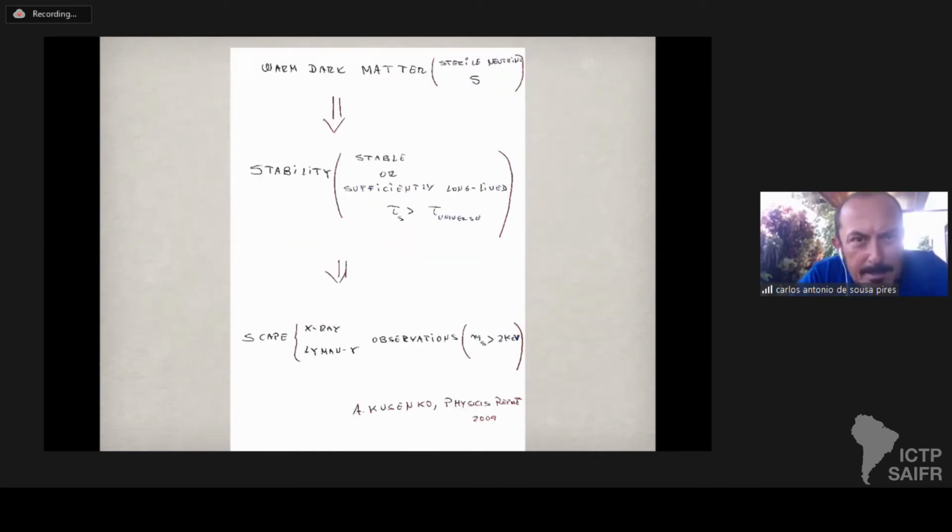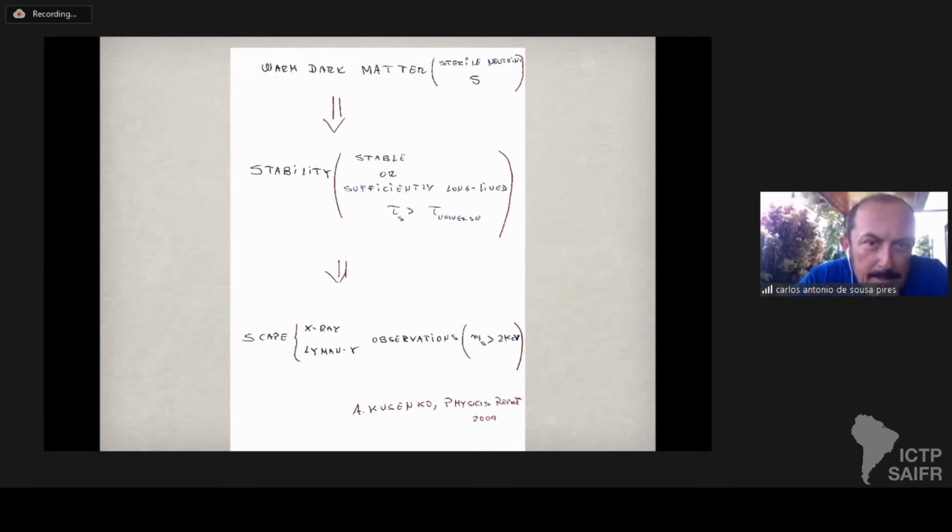When I say warm dark matter, I refer to sterile neutrinos here. Sterile neutrinos are singlets, which means they don't interact with the standard model. The stability is complicated. How are you going to have stability since they mix with the active neutrinos?